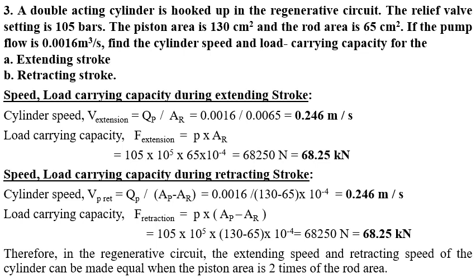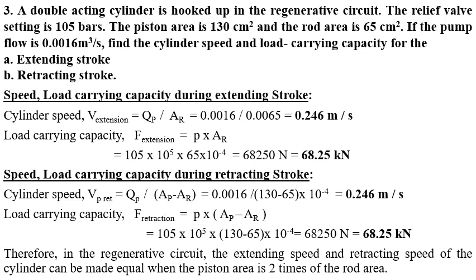And load carrying capacity during retraction, that is F retraction, equals P into annulus area: 105 into 10 to the power of 5 into 130 minus 65 into 10 to the power of minus 4. Simplify this, we will get 68,250 Newton or 68.25 kilonewton. Speed and load carrying capacity during retracting stroke are 0.246 meter per second and 68.25 kilonewton respectively.